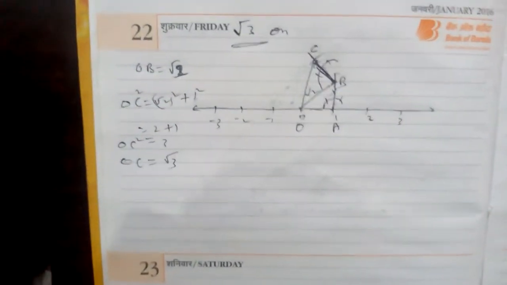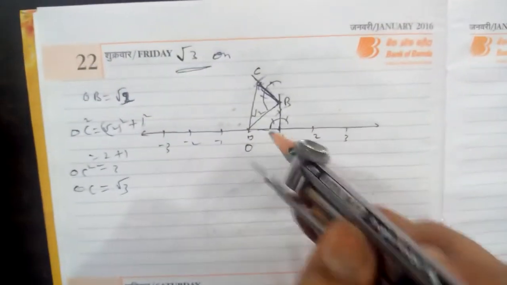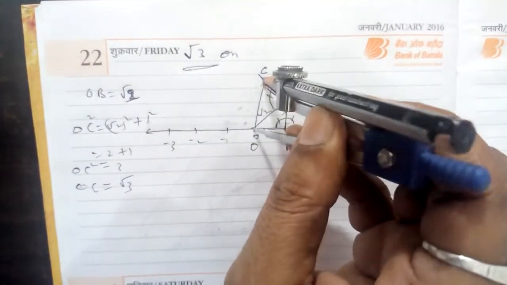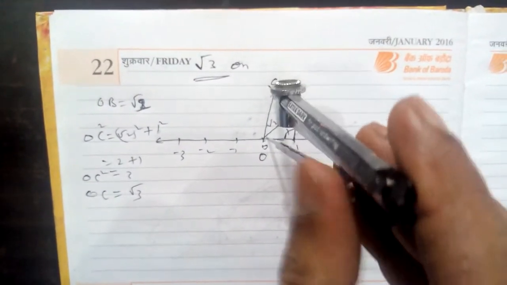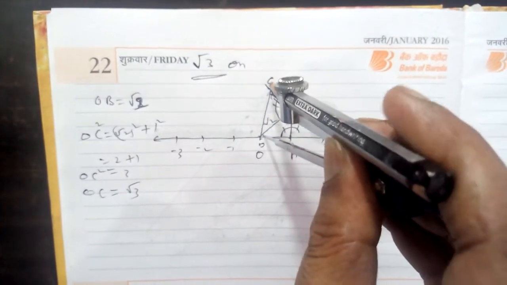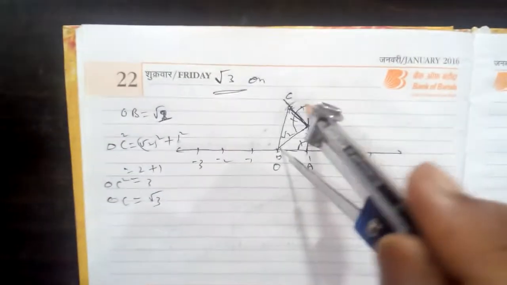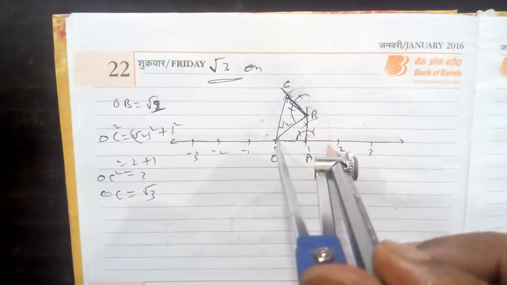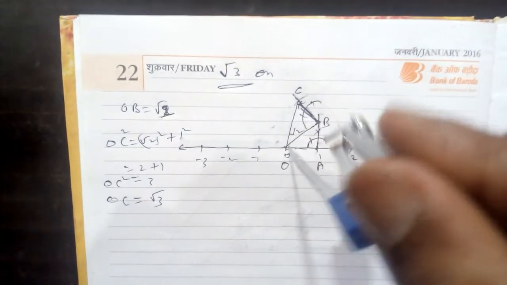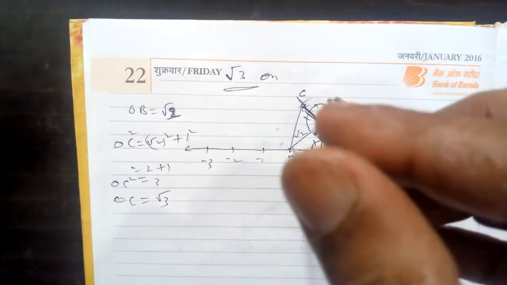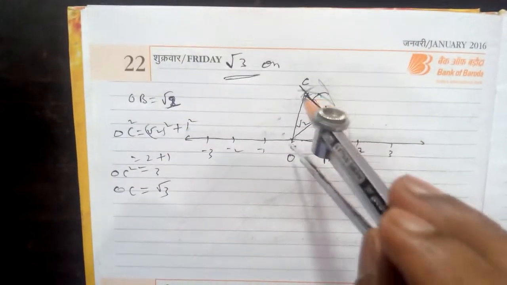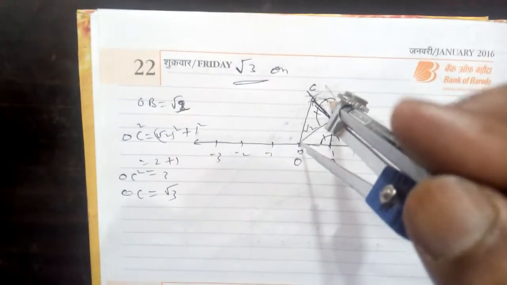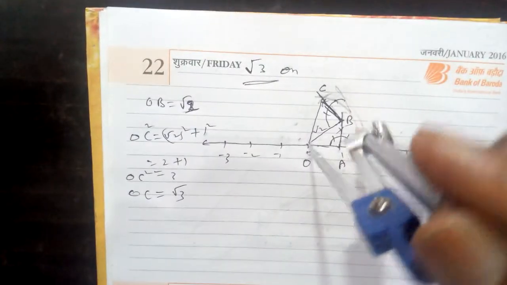Then you will take the compass and take the radius of OC and mark from here, and by this you will draw and you get root 3.